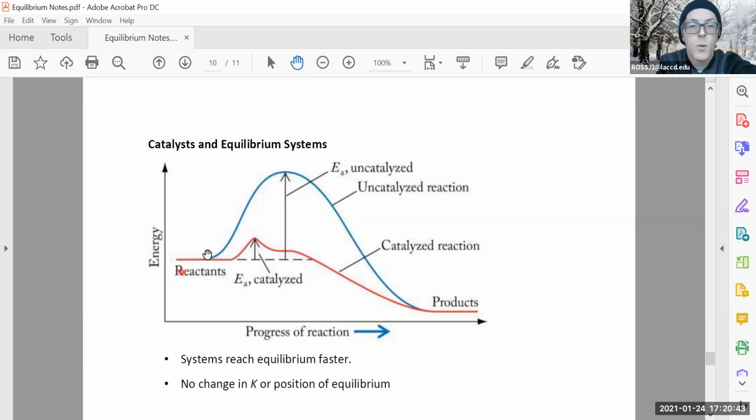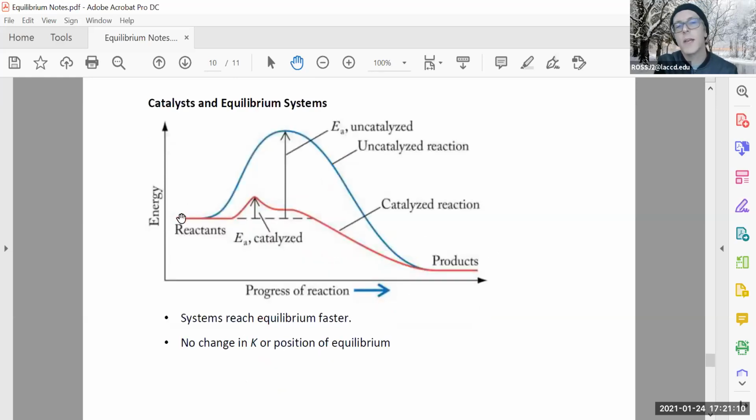Here we can see an energy diagram where reactants in the uncatalyzed process follow this blue line to give products. With the catalyst, we can redistribute that energy. We don't destroy energy. You can't because of conservation of energy. But we can redistribute it and have smaller activation energies, as shown with the red line.